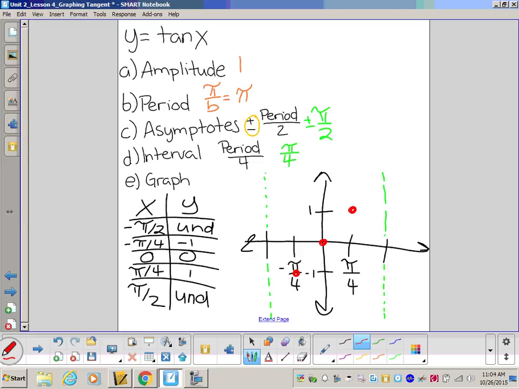Tangent is a curve. It's not a straight line, so please don't connect the dots and draw a straight line. I'm not going to give you full credit for that. It curves. The origin's a point of inflection, so it changes the way it curves. And it goes towards the asymptote, but will never touch it.